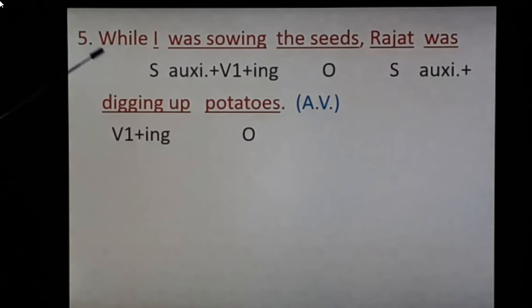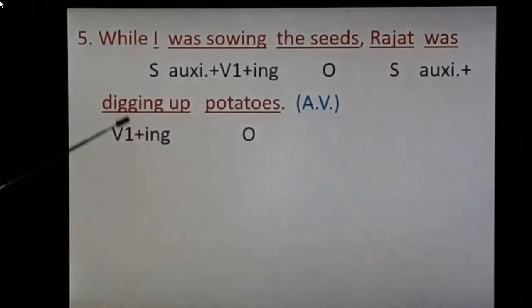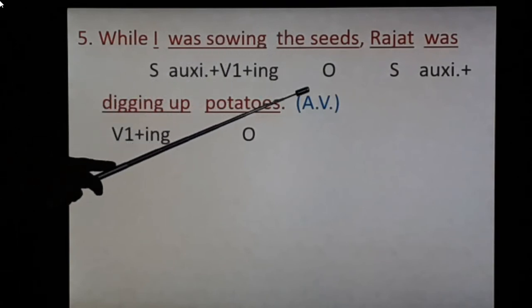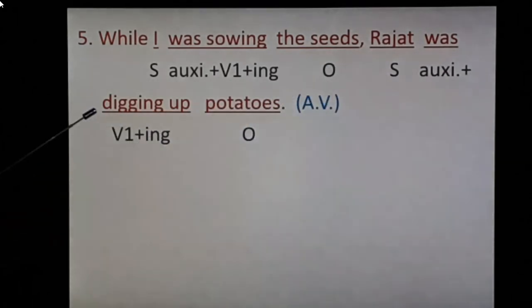Next, while I was sowing the seeds, Rajat was digging up potatoes. So here I, subject, was auxiliary, so that is V1 plus ing, that is sowing, the seeds is the object. Rajat, subject, was auxiliary, and digging up. So dig, that is V1 form plus ing, so digging up, then potatoes, that is an object.